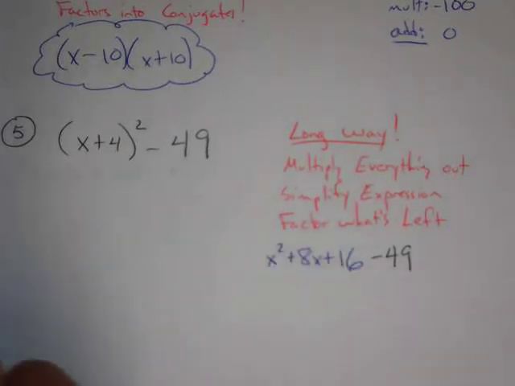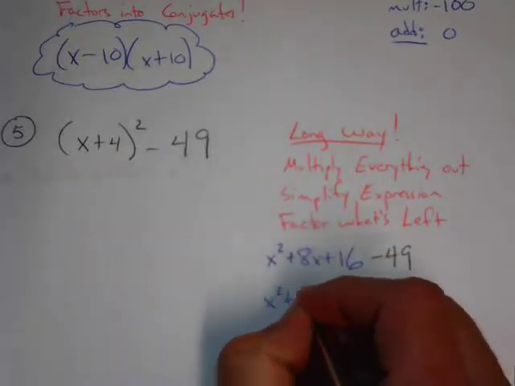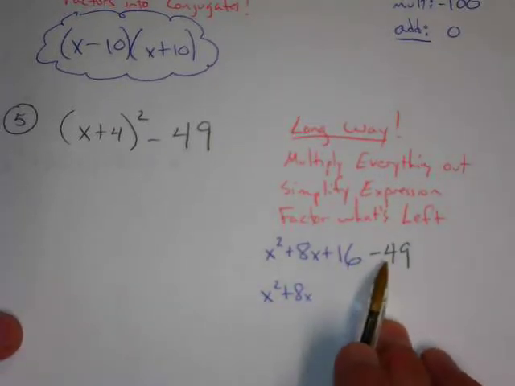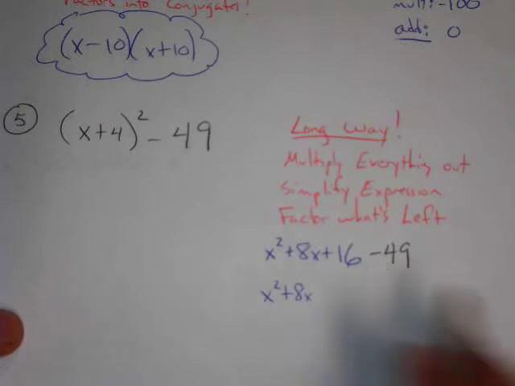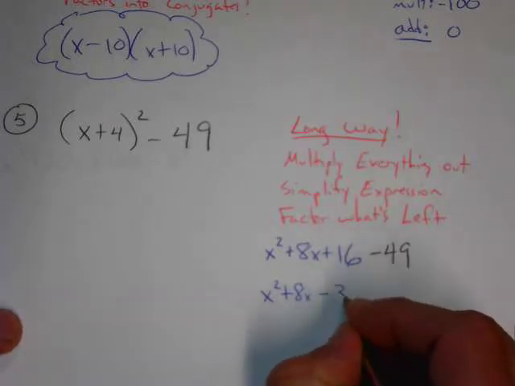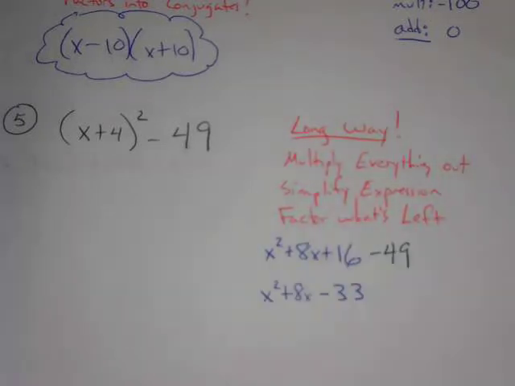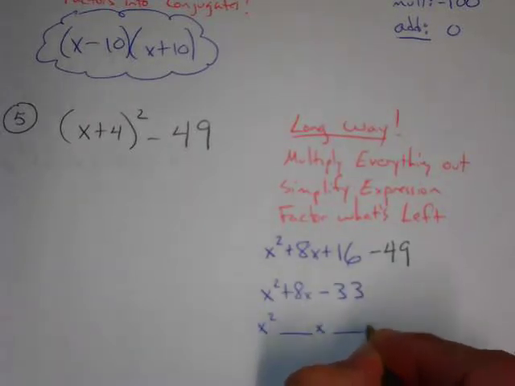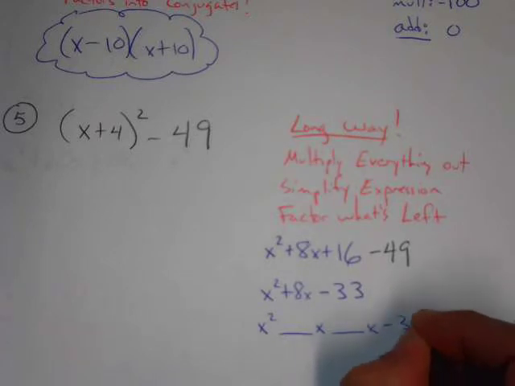We'd have x squared plus 8x, and then we have to add 16 to negative 49, which would give us negative 33. So we have x squared plus 8x minus 33. And then we can factor what's left. We can use grouping, or we could use the mental math shortcut.